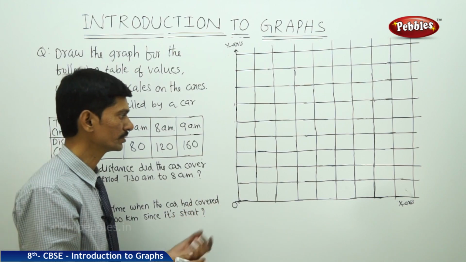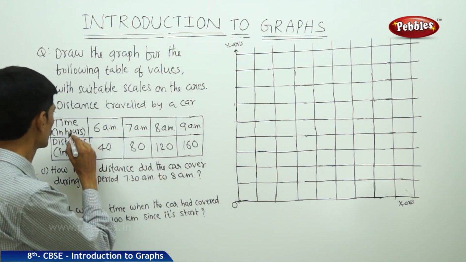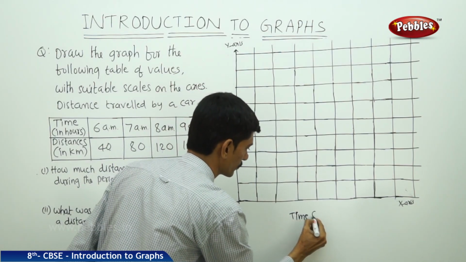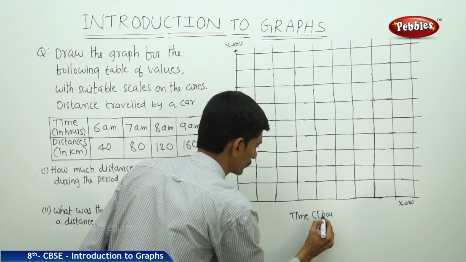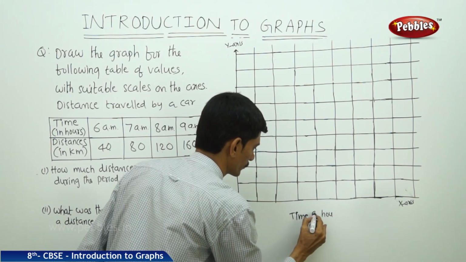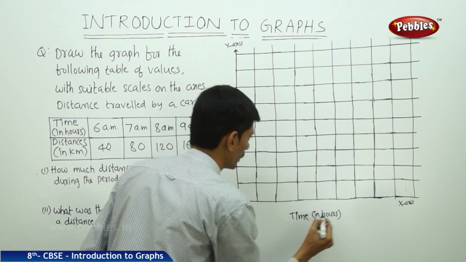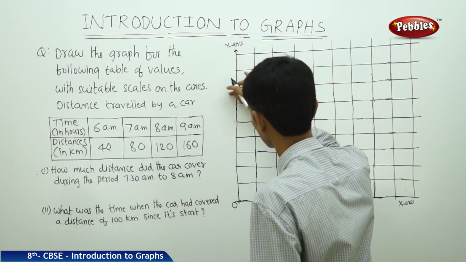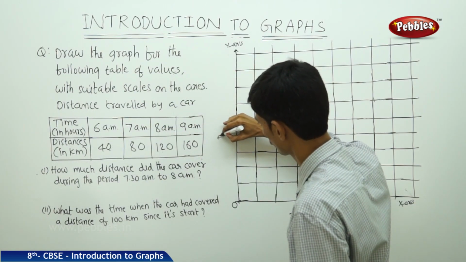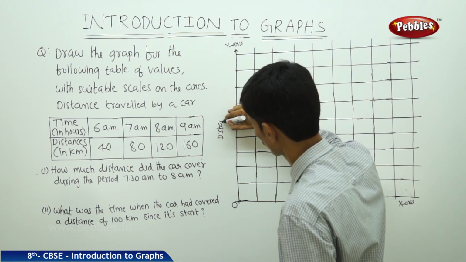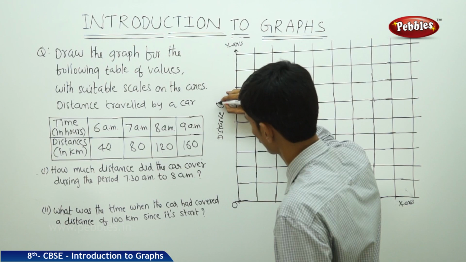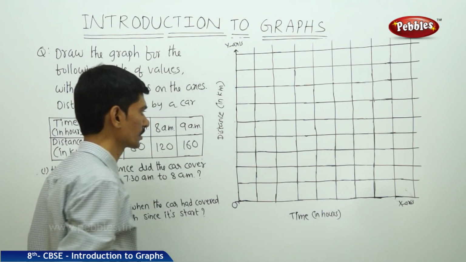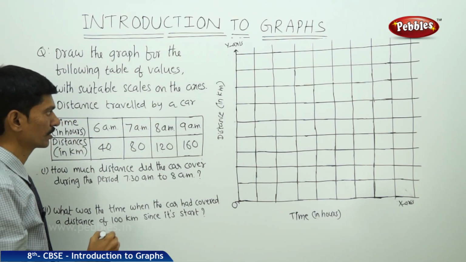On the x-axis, the horizontal line, we take the time in hours, and on the y-axis we take the distance in kilometers. Now we will choose a scale on both the horizontal axis and the vertical axis.